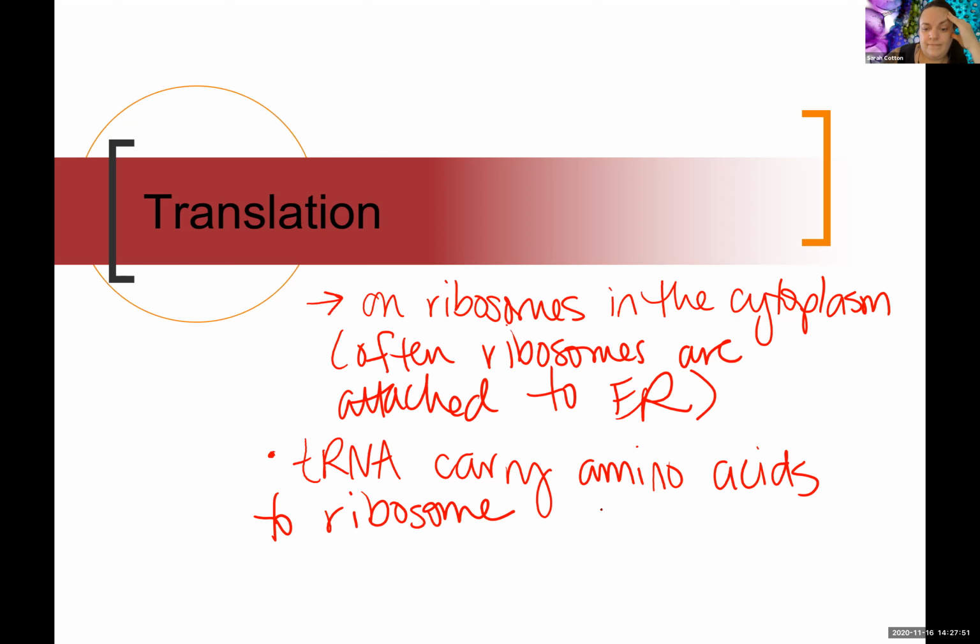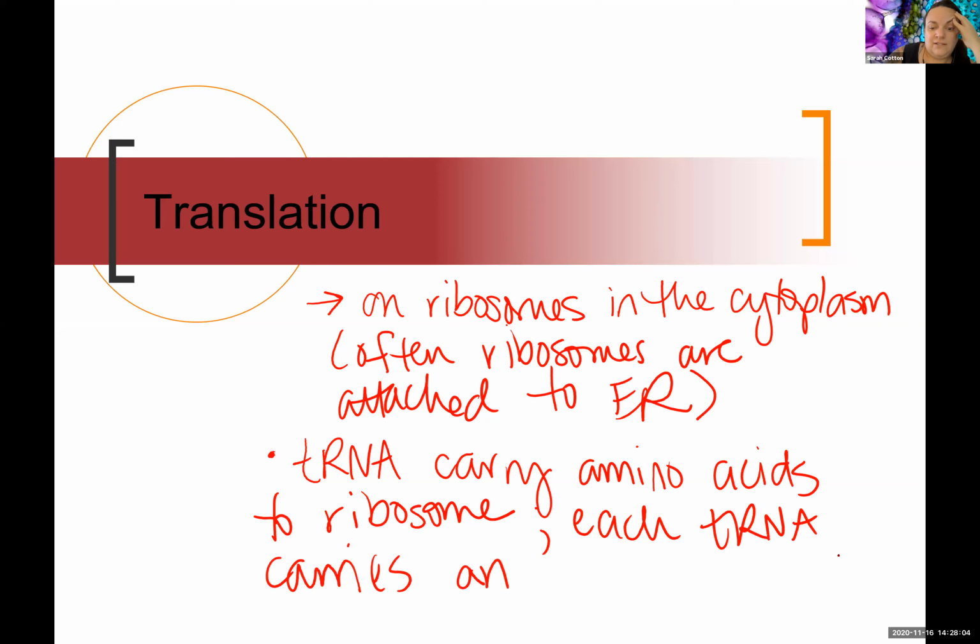Each tRNA carries an amino acid that goes with a specific codon.